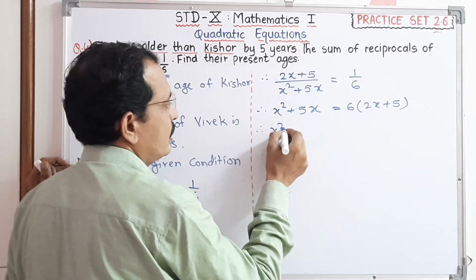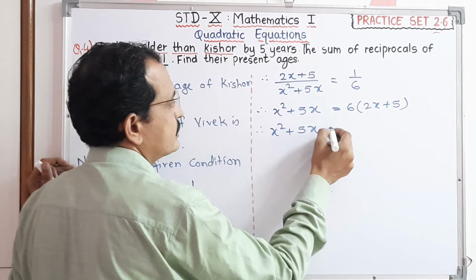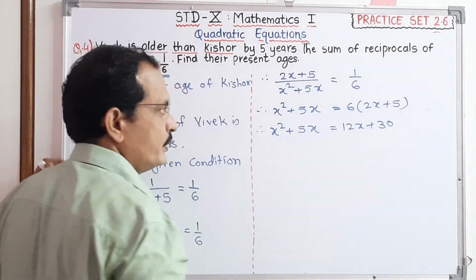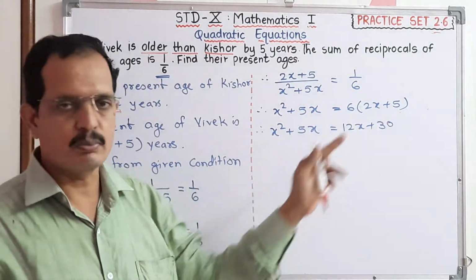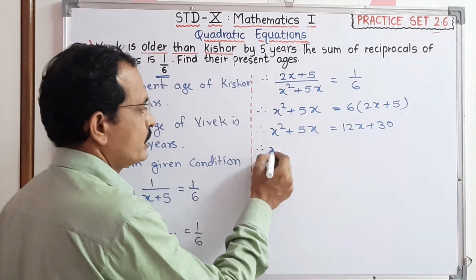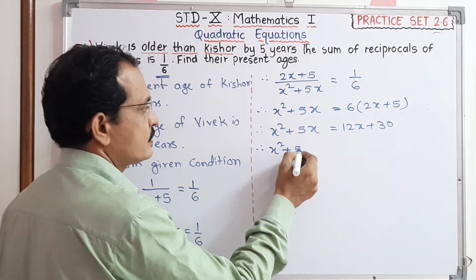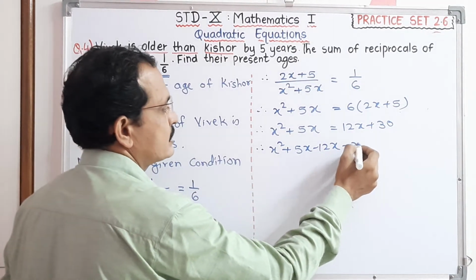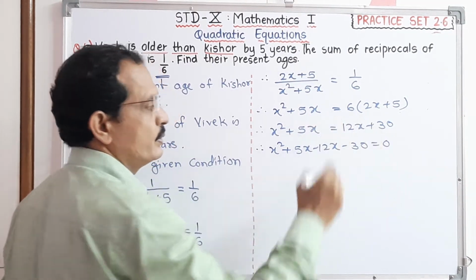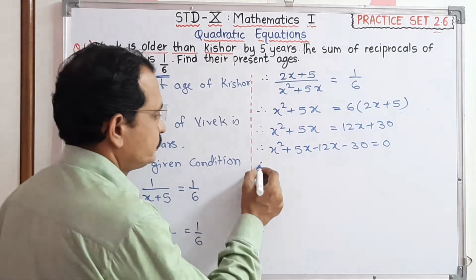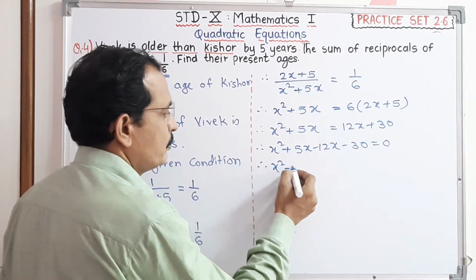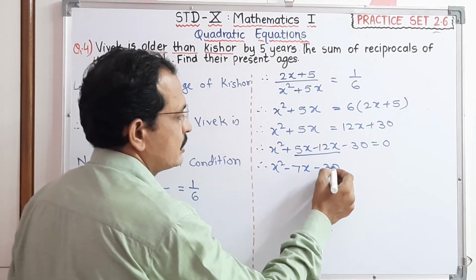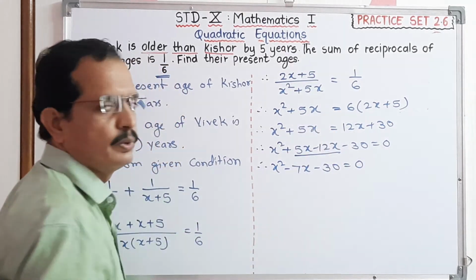Therefore, x square plus 5x is equal to 12x plus 30. We have to do the multiplication of this bracket. Now, x square plus 5x minus 12x minus 30 equal to 0. Now, x square minus 7x minus 30 equal to 0.